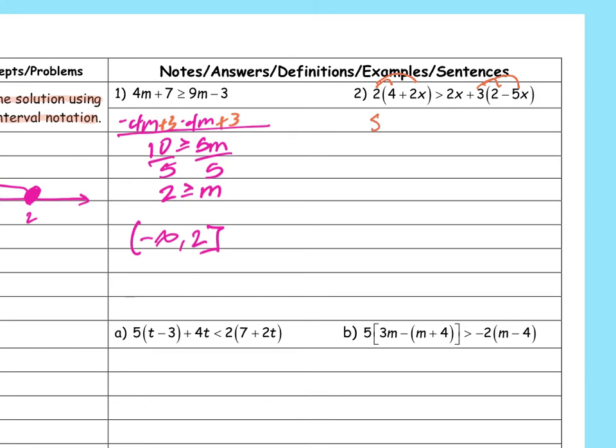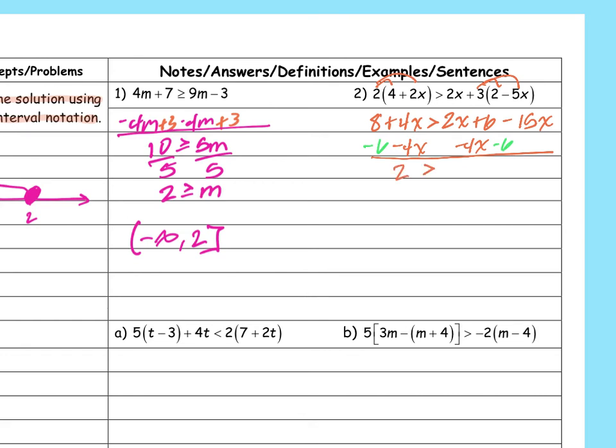So I get 8 plus 4x, and the way my math's been doing today, guys, make sure I don't make any mistakes, 2x plus 6 minus 15x. So I'm going to subtract 4x, and I'm also going to subtract 6 from both sides.